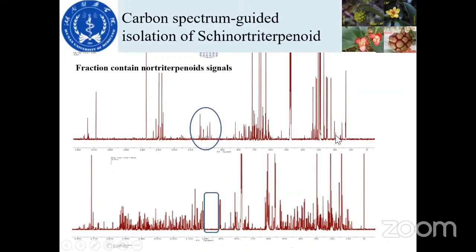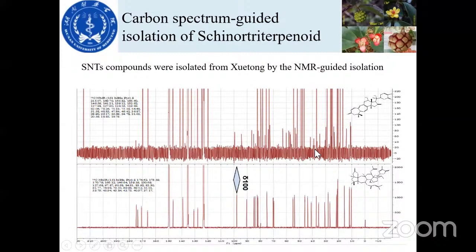So the fractions that have these SNT signals are our major target to isolate the compounds. Like from here, we isolated the nortriterpenoids from the mixture, which contains some signals from SNTs. So this is column chromatography isolation.